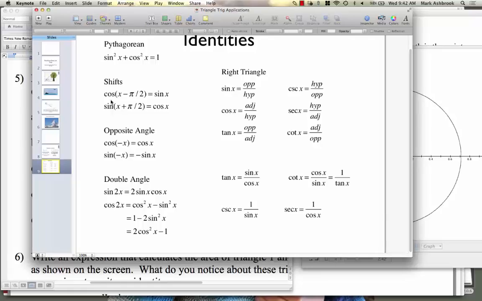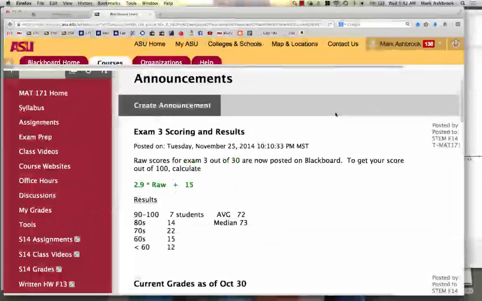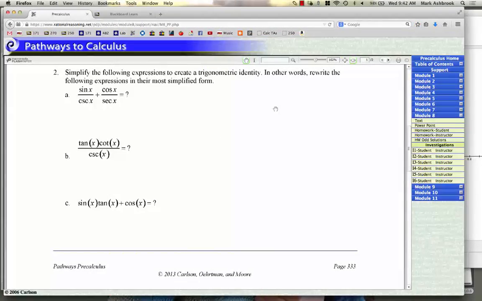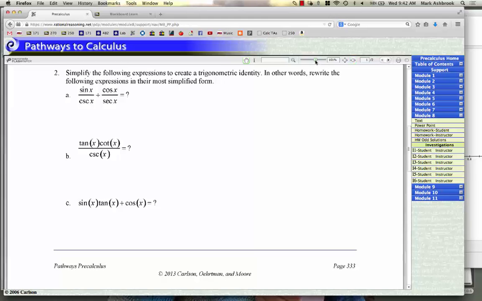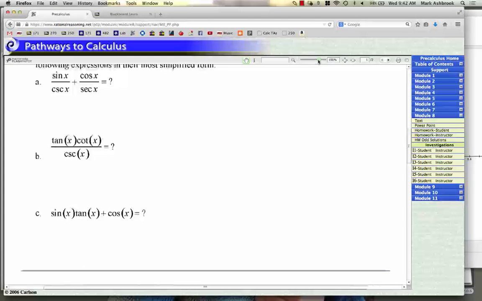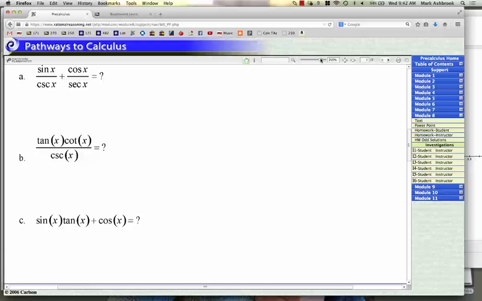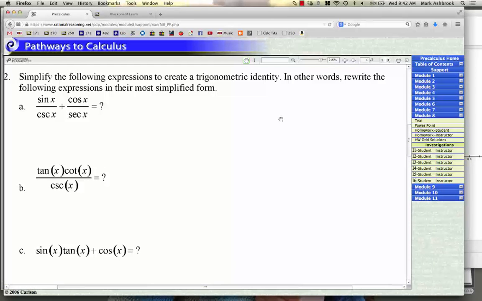One thing that's important is being able to work with identities algebraically and manipulate them into other expressions. So, sine x over cosecant plus cosine over secant, we can do some algebra on this, and we can come up with a different, maybe simpler form of that.